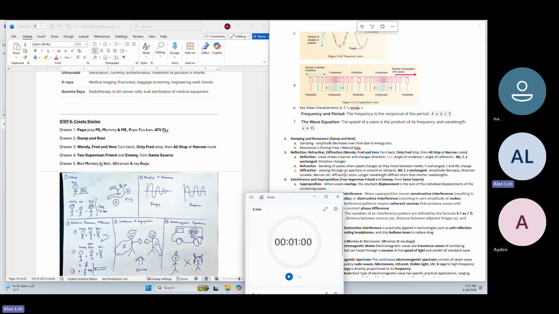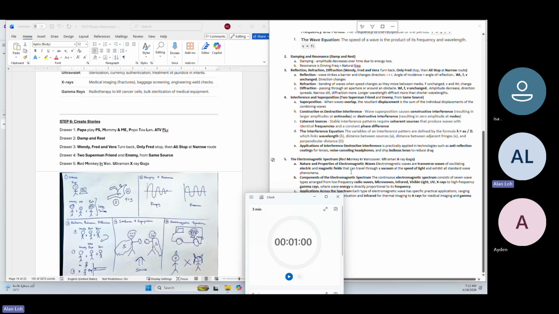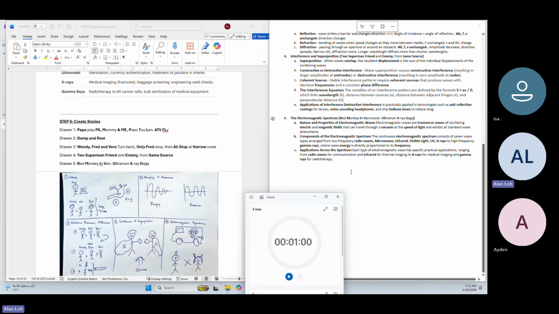Right. Then what is refraction and what is diffractions? Then you can talk about the superpositions, talk about the constructive and destructive interference, talk about what is coherent sources, what is this interference equations. Okay. Then talk about the electromagnetic spectrum. There are 7 of them. All right.